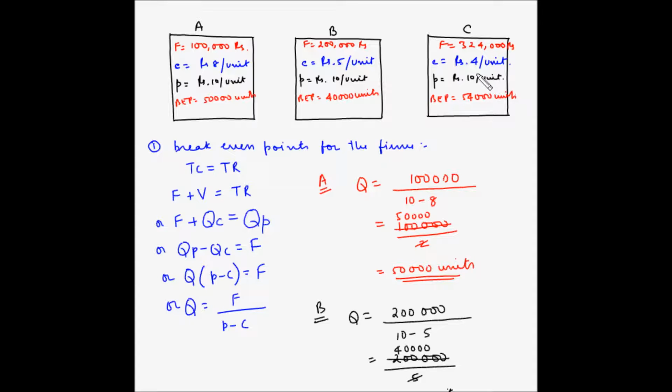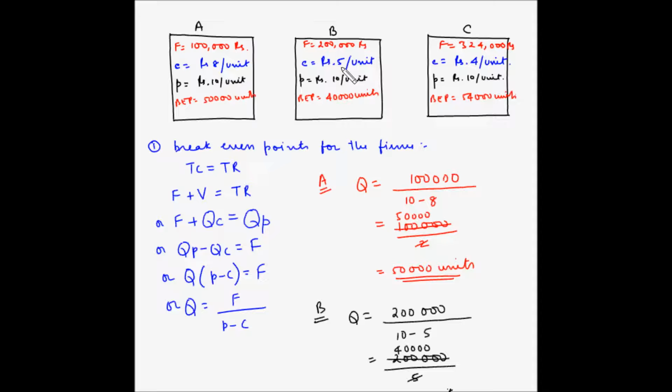While for C, there is a huge margin of 6 rupees to cover for the fixed cost. However, the fixed cost is so high that the break-even point has come out to be 54,000 units. For B, the variable cost is 5.